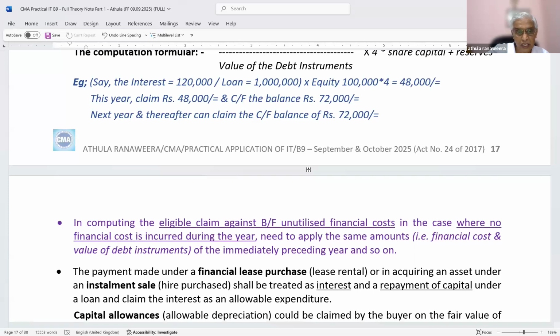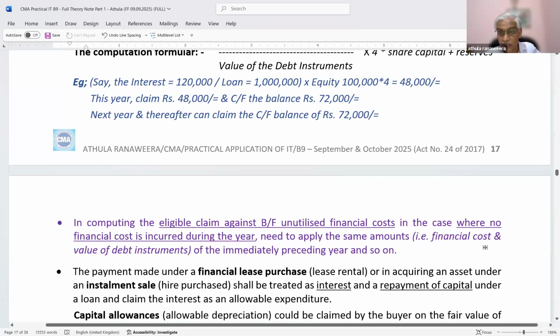It should be limited to the interest, maybe even the debt instrument. So that day we discussed, therefore I modified it to financial cost and debt instrument. I included that also because indirectly it covers both, right?